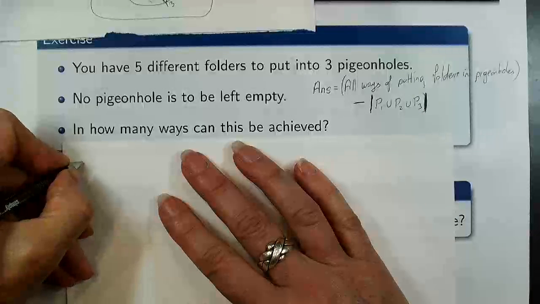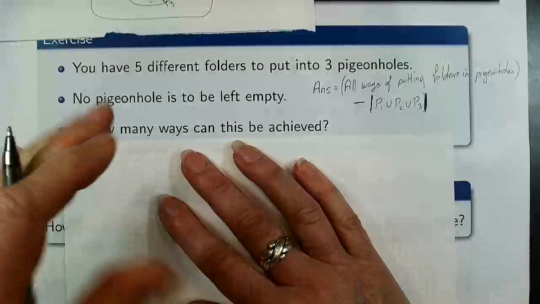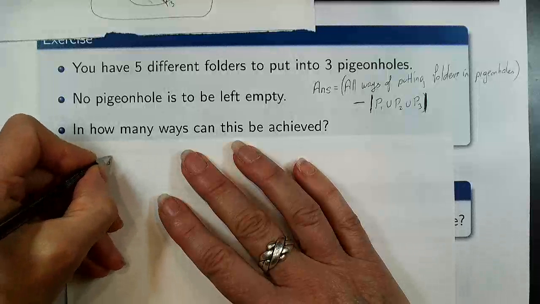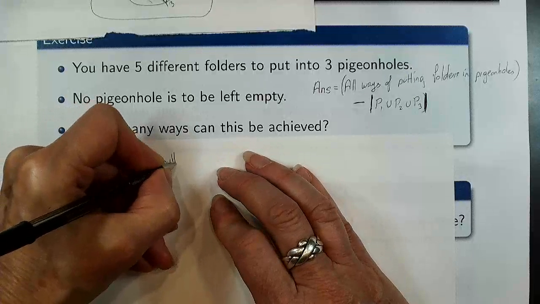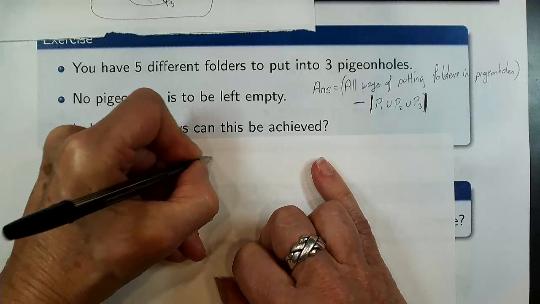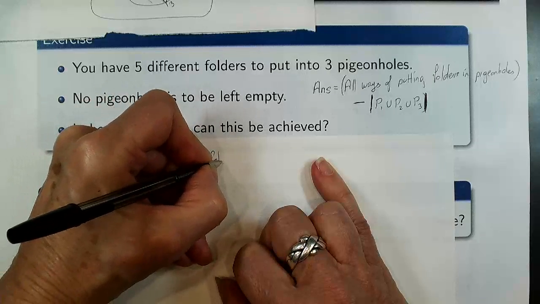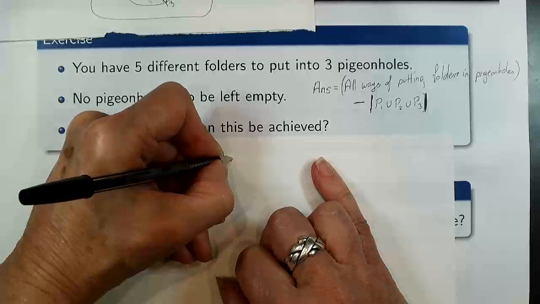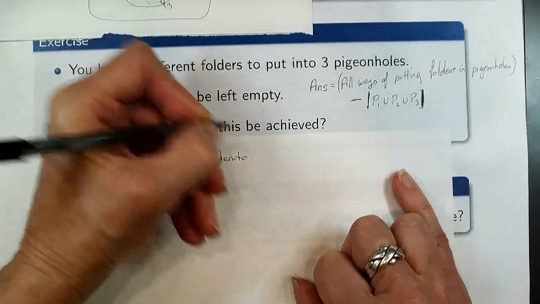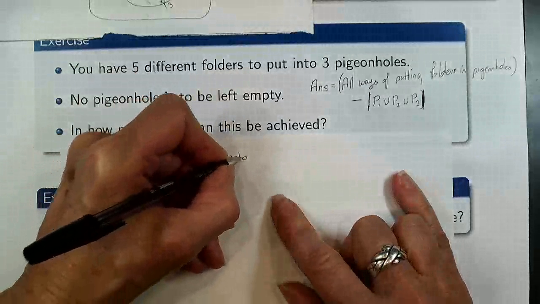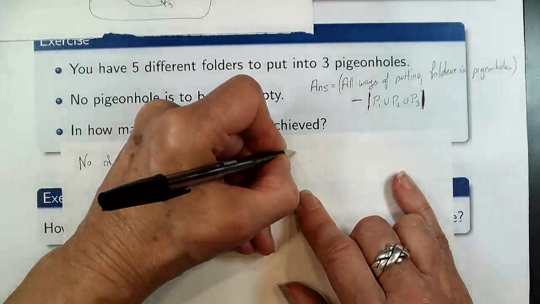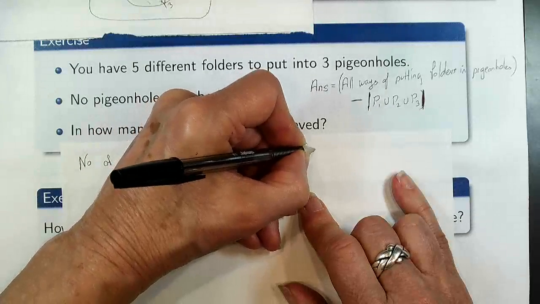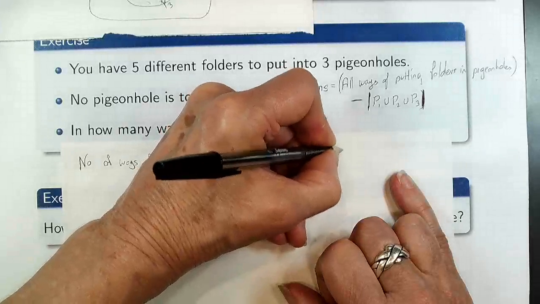What's the number of ways of putting 5 different folders into 3 different pigeonholes? Just regardless of anything.